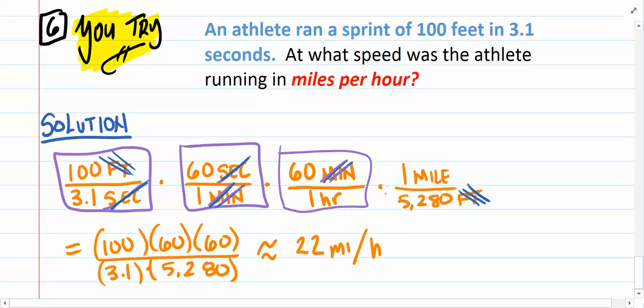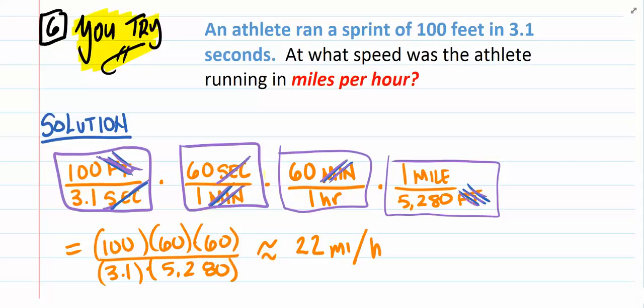And then I have 1 mile is worth 5,280 feet. So feet from the original 100 feet cancels out with feet at the bottom. And notice that everything that's not canceled on the top is miles. On the bottom, everything that's not canceled is hours, and that's what I want, miles per hour.